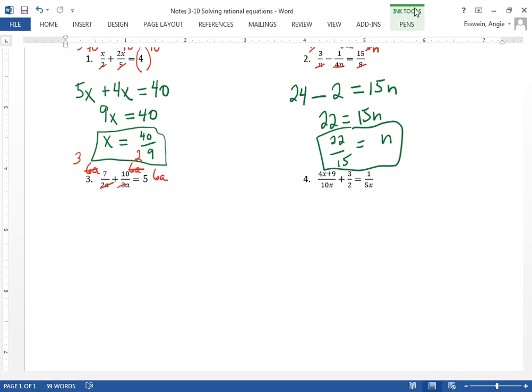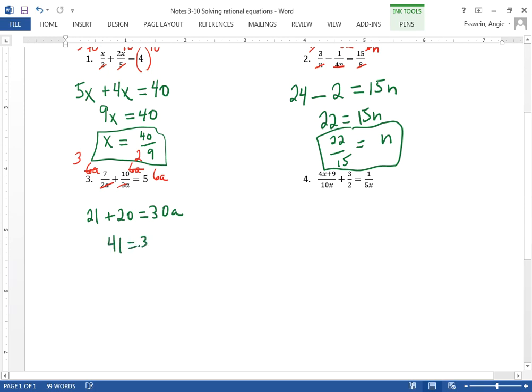So we're ready to write what's left over, which is 21 plus 20 equals 30a. So you get 41 equals 30a, or a is 41 over 30.